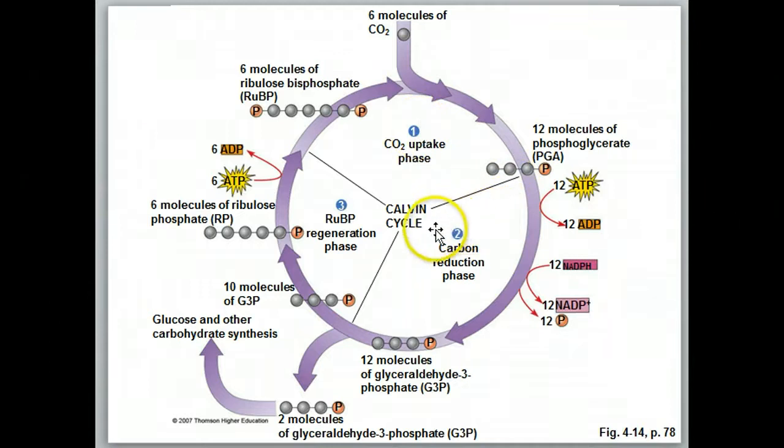The next part of the cycle is the carbon reduction phase. And during the carbon reduction phase, hydrogens that were collected from the water are going to be added onto these intermediate compounds. Right there's hydrogens from the water. I'm going to add those on, and we're going to use the ATP that was formed by photophosphorylation to rearrange these intermediate compounds.